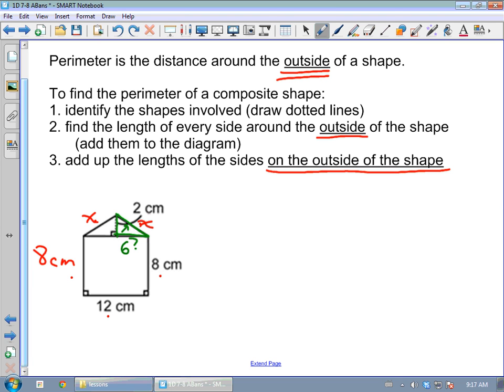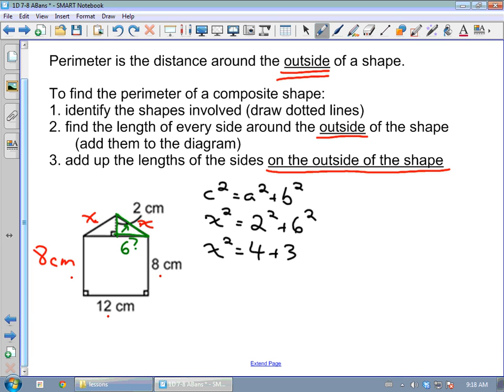So let's go ahead and find the length of that side x. We're going to use Pythagorean theorem. c squared equals a squared plus b squared. c is our hypotenuse, so that's x. a, I'll put in 2 for a, and I'll put in 6 for b. So x squared, let's see. 2 squared is 4. 6 squared is 36. So x squared must equal 40.